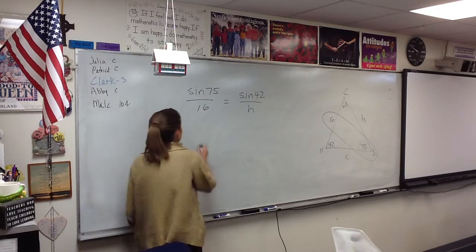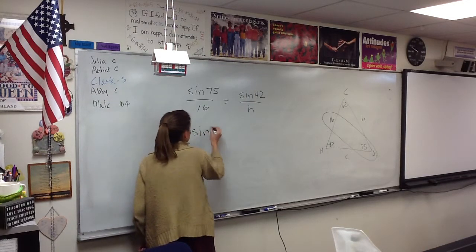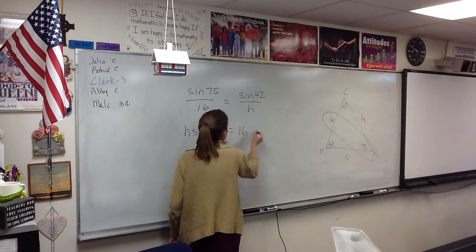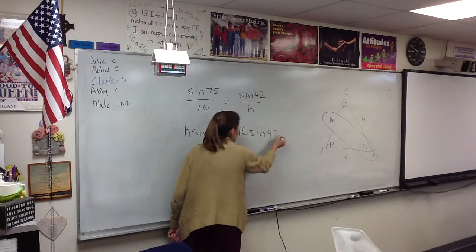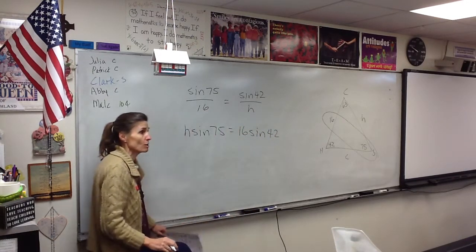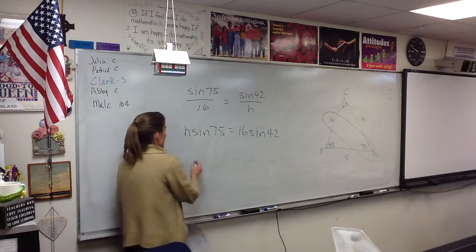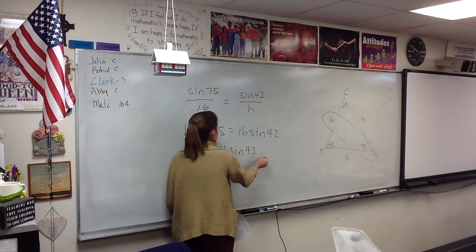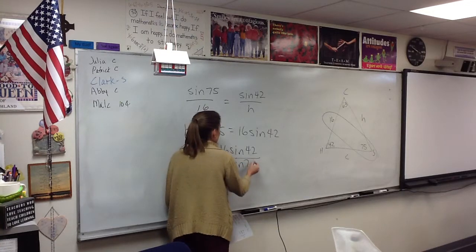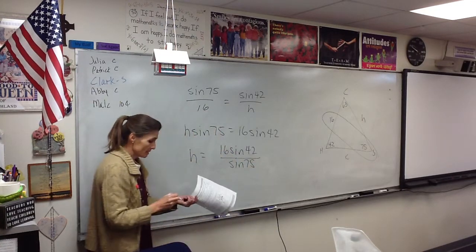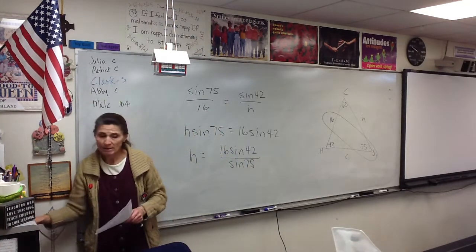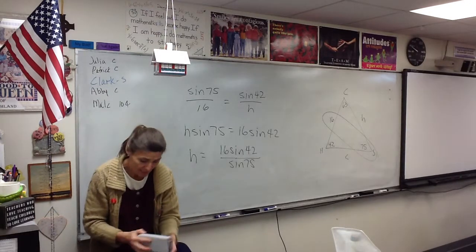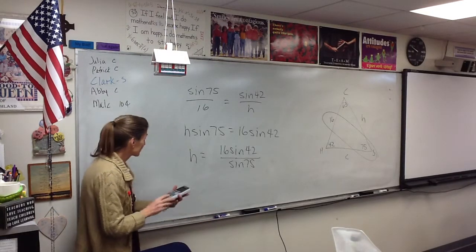Then I cross multiply. I want you guys paying attention now, because this is the easy stuff. We've got to get this nailed, because there's a couple of hard things, as you know. H then will equal 16 sine 42 divided by sine 75. So let's all type that in on our calculator and make sure we can get the right answer.